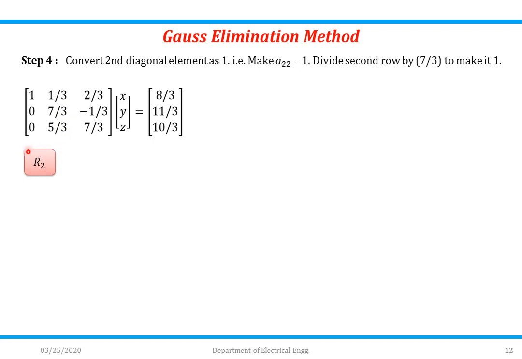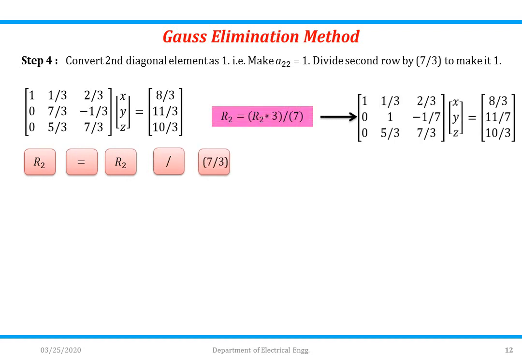So I want to make a change in which row? R2. So R2 equal to R2 divided by 7 by 3. So this is your solution. I want to make a change only in R2, so R1 and R3 have to be written as they are. So 7 by 3 divided by 7 by 3 will be 1.